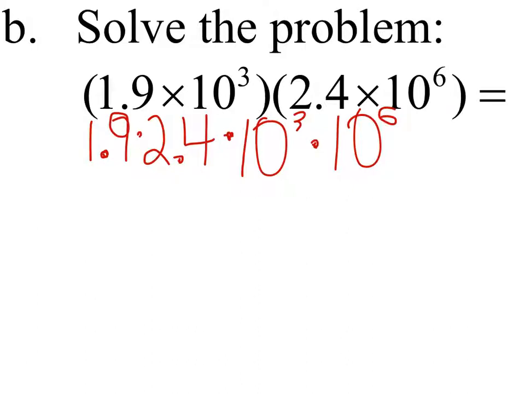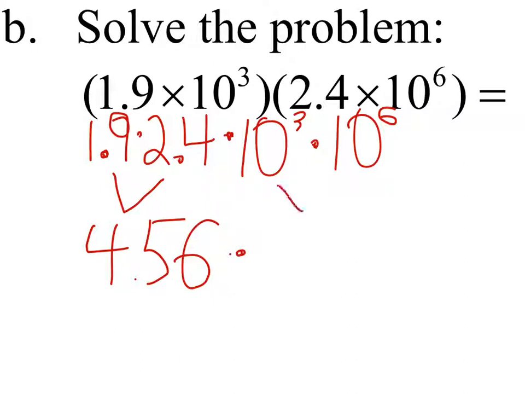Then if you combine these, it's 4.56 times. Oh wait, and then you gotta do these together, which is 10 to the power of 3 plus 6, which is actually, oh whoops.